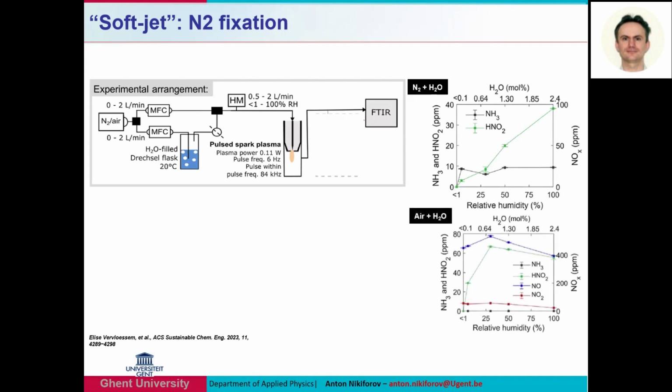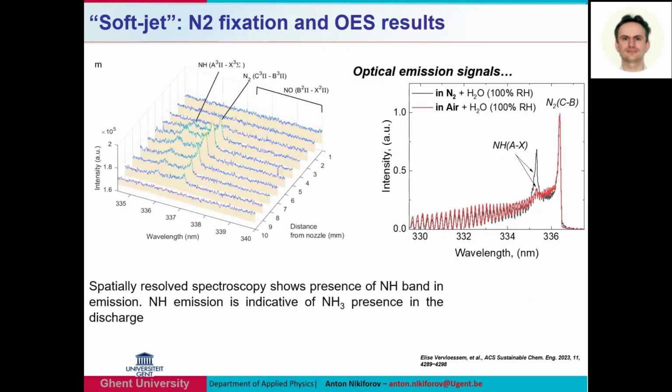However, as soon as we change from nitrogen into air, we don't see ammonia at all. Ammonia is a black line in FTIR spectroscopy, so we put products which are formed here into the FTIR spectrometer, but we don't see ammonia. However, what was interesting for us, if you detect the emission spectrum of the discharge, we see that there is a peak of NH radicals.